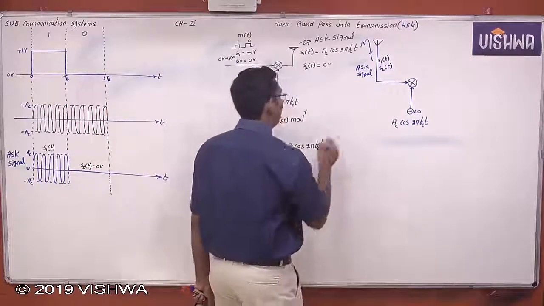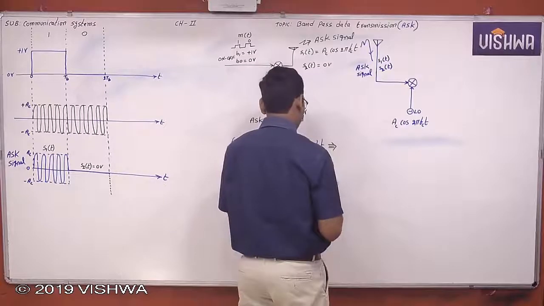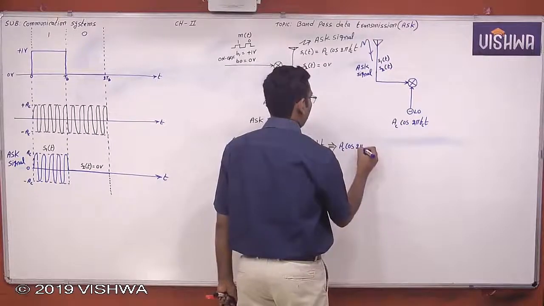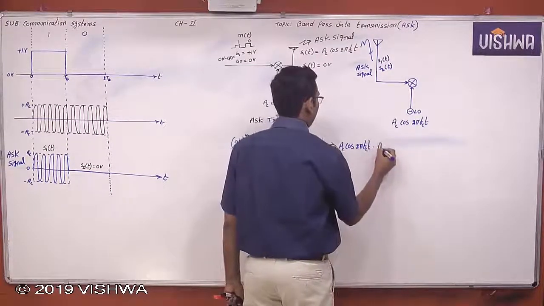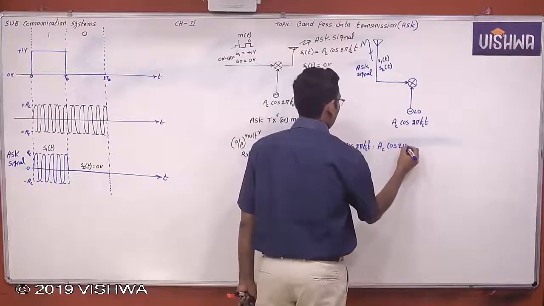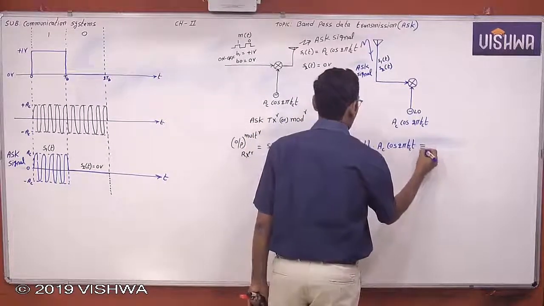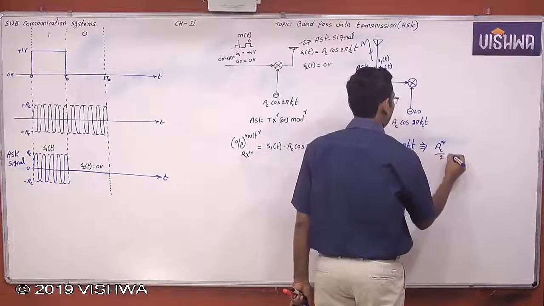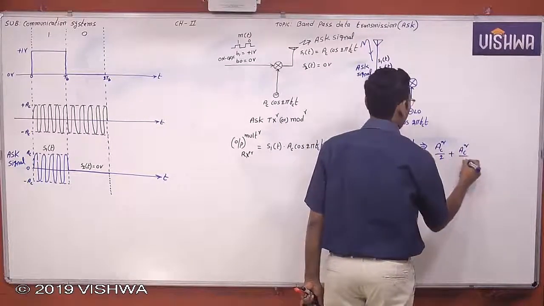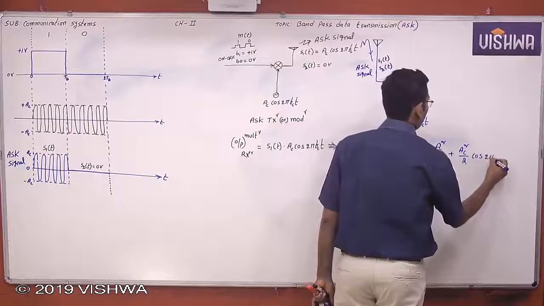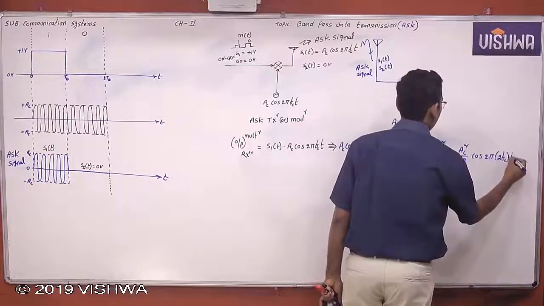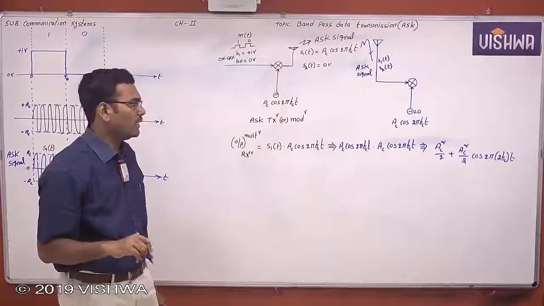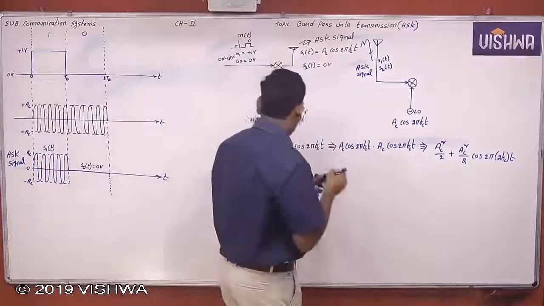S1 of t is AC cos 2 pi FC T. So AC cos 2 pi FC T multiplied with AC cos 2 pi FC T, which is nothing but AC square by 2 plus AC square by 2 into cos 2 pi into 2FC into T. Now this cos into cos is cos square, and cos square theta can be written as 1 plus cos 2 theta by 2.